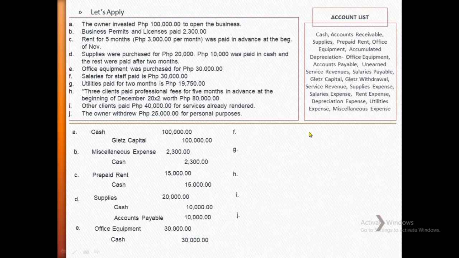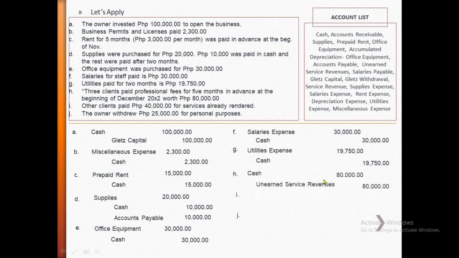In letter F, when you pay salaries, you debit salaries expense 30,000 and then credit cash 30,000. In letter G, you've paid for utilities, so you debit utilities expense 19,750 and credit cash 19,750. In letter H, you have received advance payment from customers, so you debit cash 80,000.